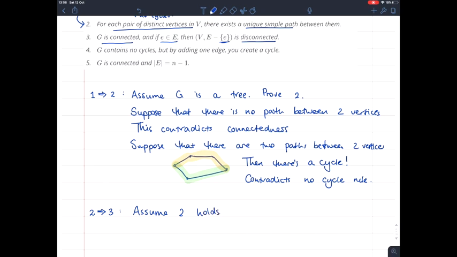And what we need to show firstly is that G is connected, and then we need to show that if we've got an edge in our edge set and we remove it, then what we end up with is a disconnected graph. Well, it's easy to see that G is connected because 2 says for each pair of distinct vertices in V there is a unique simple path between them. So 2 implies that our graph is connected.